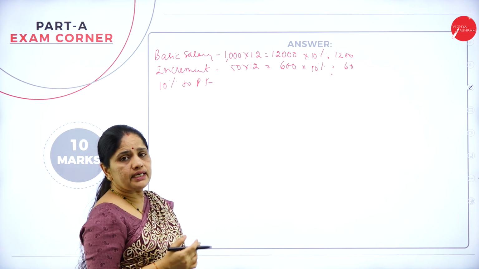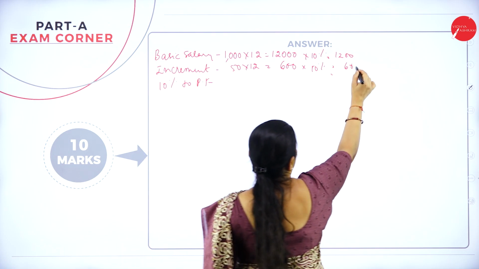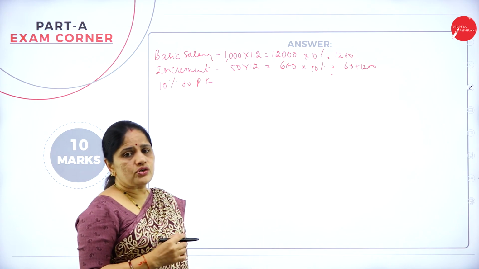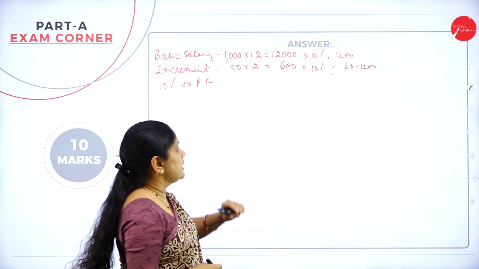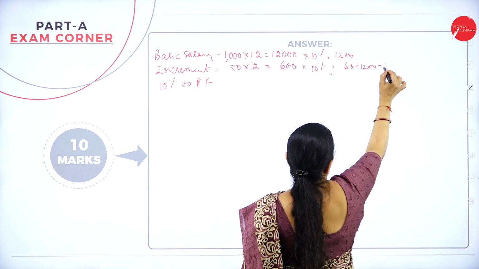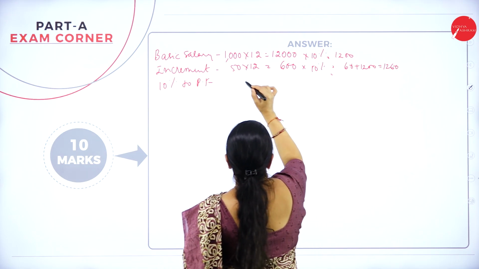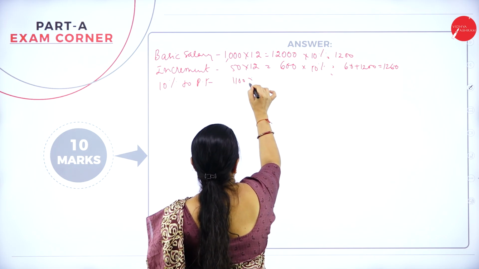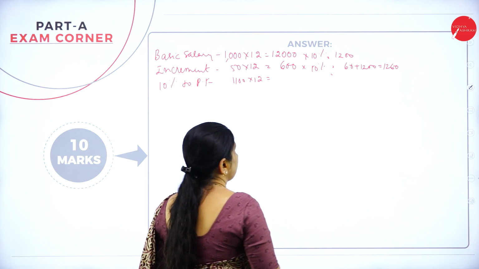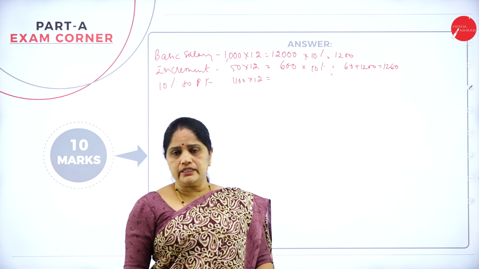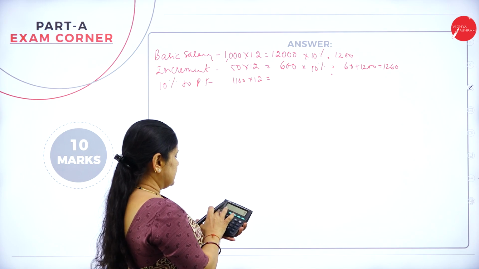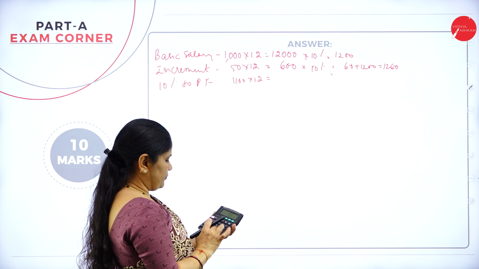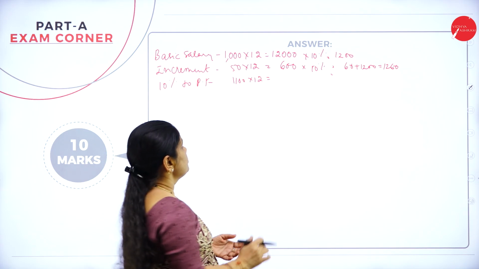Then in the second year it will be 1,200 plus 60. So he is earning 50 rupees extra every month, so for the whole year it comes up to 600. So for the second year it comes up to 1,260. Then for the third year there will be an increment again, so it will be 1,100 into 12, which is 13,200.